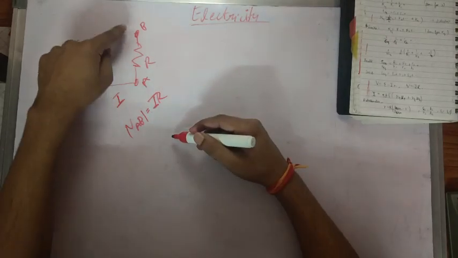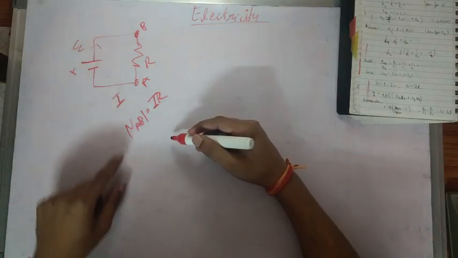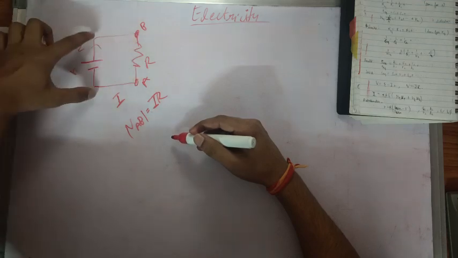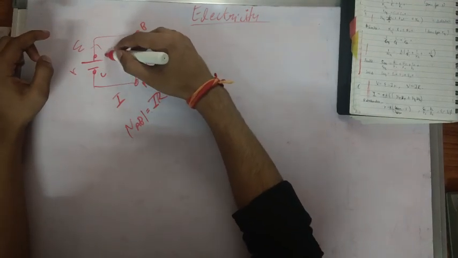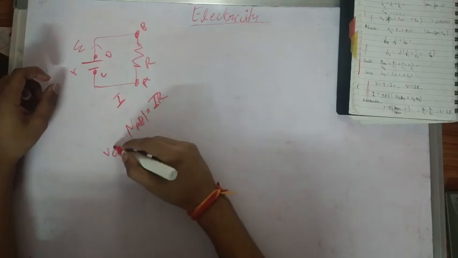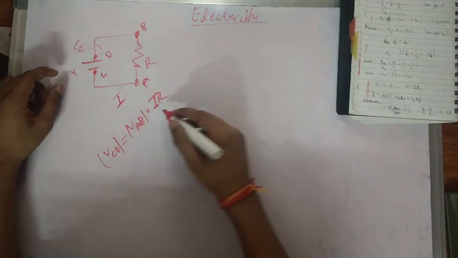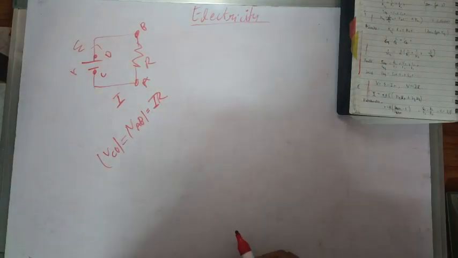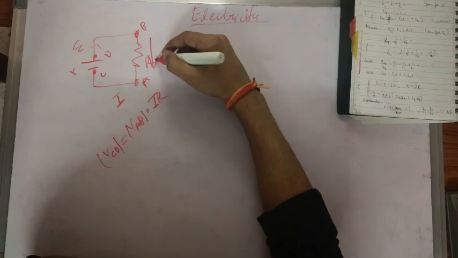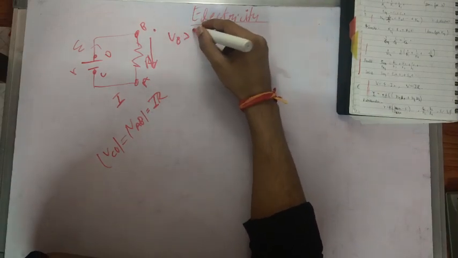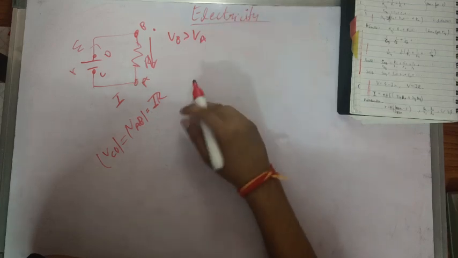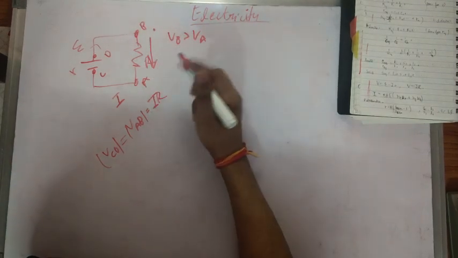So the voltage across this resistor is VAB, and this voltage should be the same as the potential across CD. So VCD should be equal to VAB. Now if the current is flowing in this direction, then the potential of B should be higher than VA, meaning current flows from higher to lower potential.